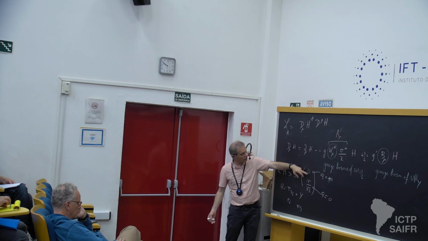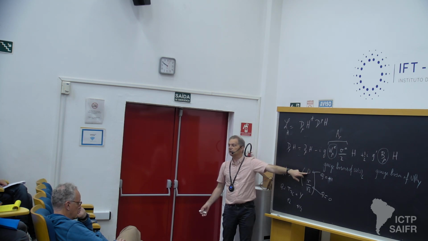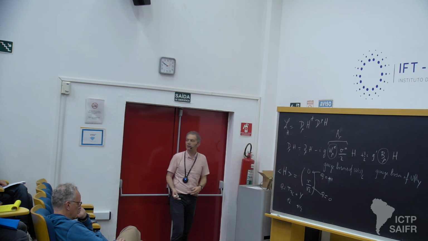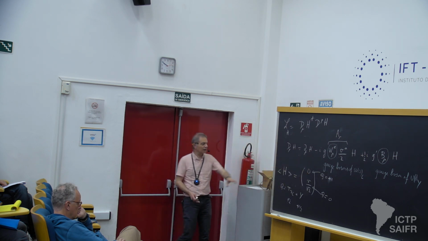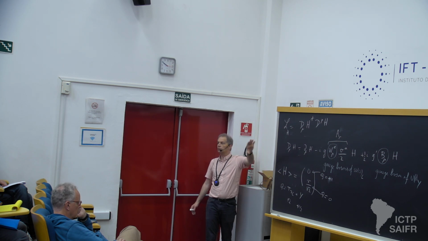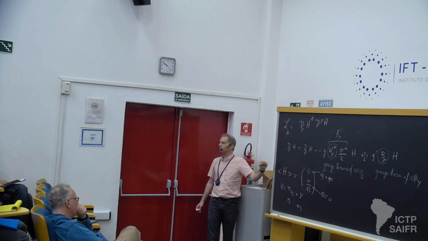And here, this object is not invariant under electromagnetism, but its expectation value is 0. So nothing is breaking electromagnetism. That's why this expectation value of the X field actually breaks SU2 cross U1 down to U1 of electromagnetism. That's the symmetry that remains unbroken in the vacuum.